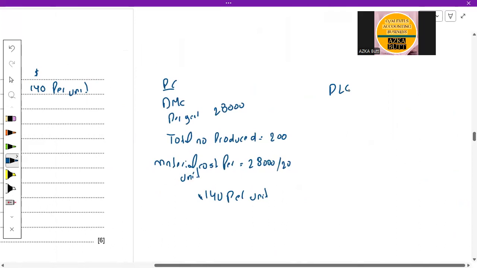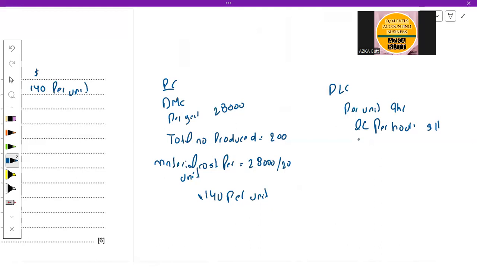So the labor required per unit was equal to 9 hours, and the labor cost per hour was $11. So the labor cost per unit was 9 hours, and the labor cost per hour was 11.